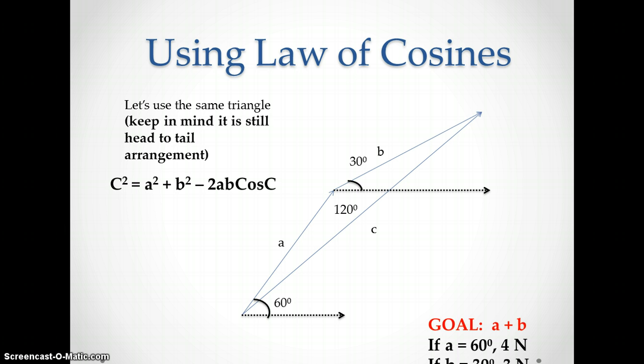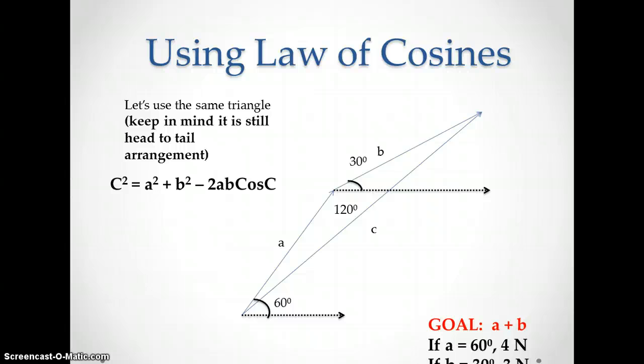And we also know that 60 degrees is an interior angle with angle C. So we can assume that this angle is 120 degrees because 180 minus 60 is 120, and interior angles add up to 180.